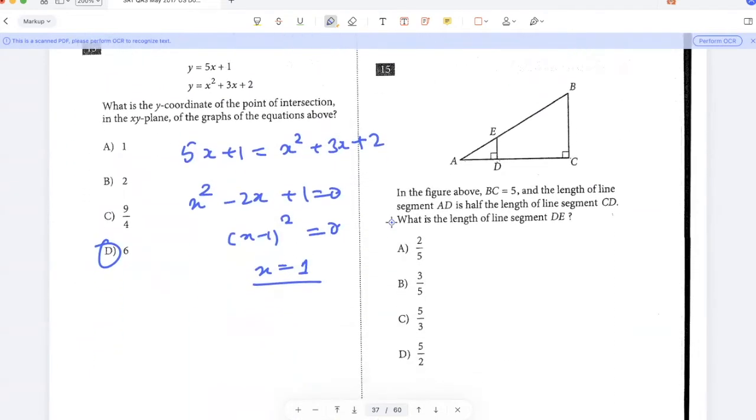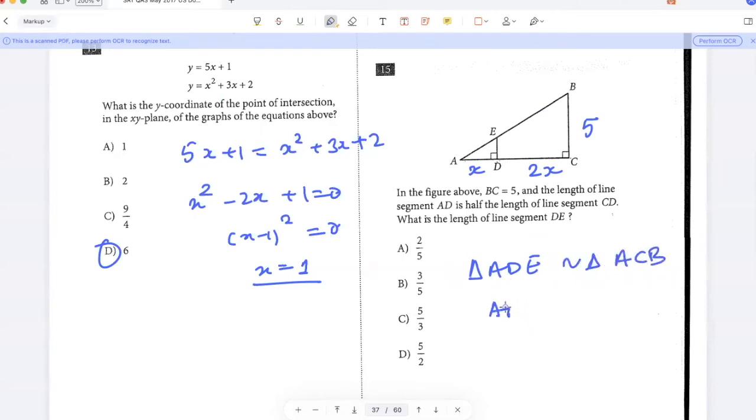In the figure above, BC is 5 and the length of line segment AD is half the length of line segment CD. Okay, so if this is x, then this is 2x. What is the length of line segment DE? So these are similar triangles. Triangle ADE is similar to triangle ACB.